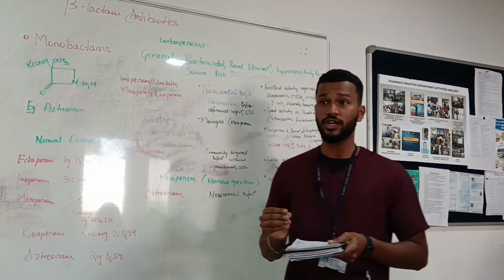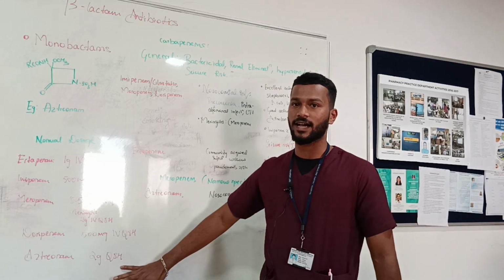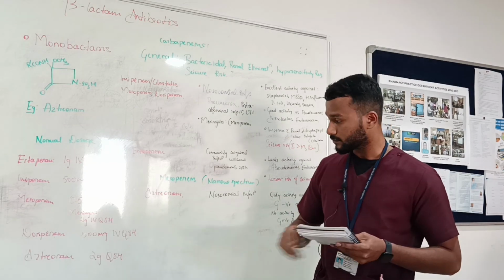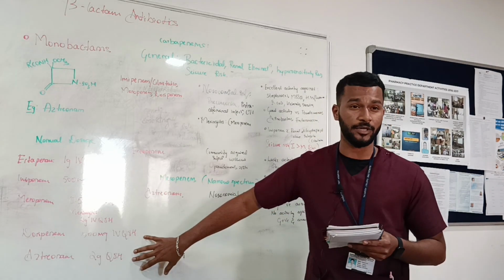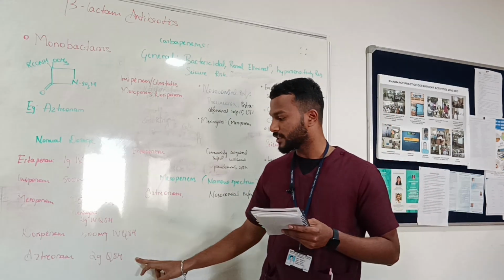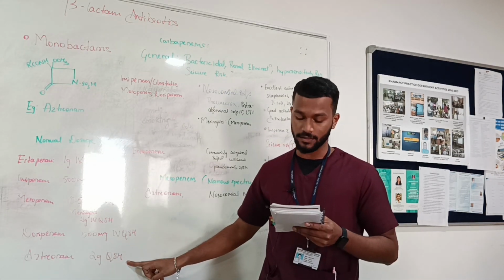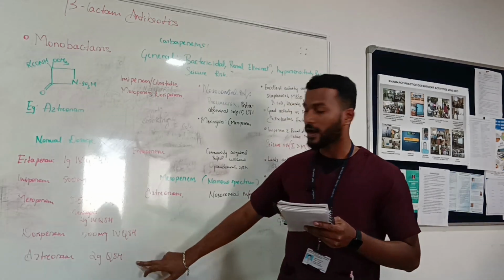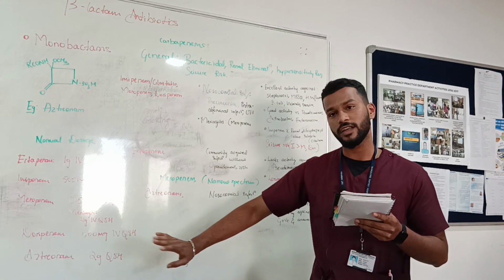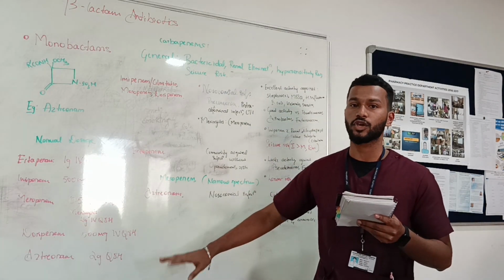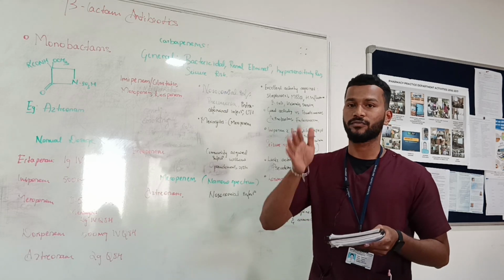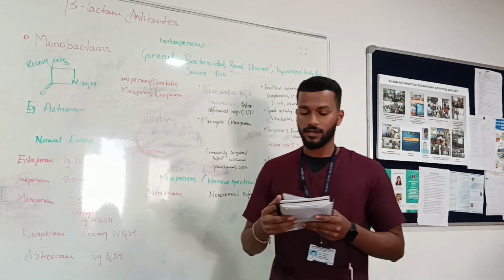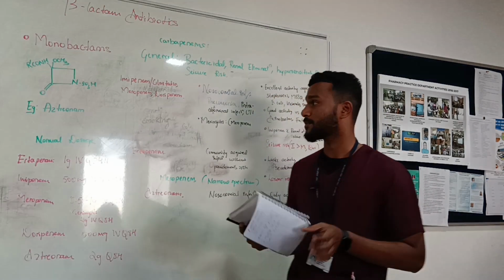The usual dose is 2 grams every 8 hours, but with creatinine clearance between 10 to 50 ml, it should be 2 grams every 12 hours. And if it is less than 10 ml, 1 gram every 12 hours. Even in a hemodialysis patient, we have to give 1 gram every 12 hours, with 1 gram before the hemodialysis and 1 gram after. Yeah, that is about the dose adjustment.